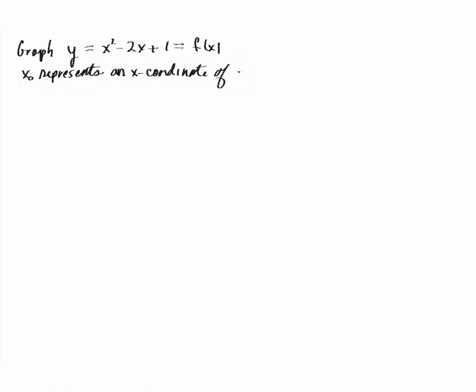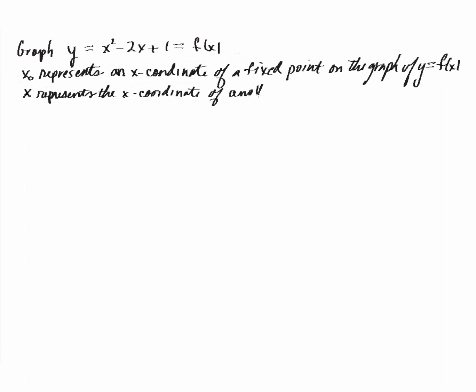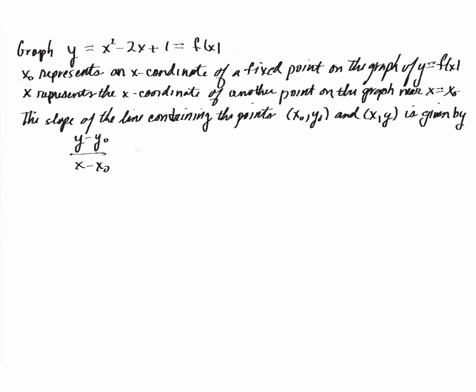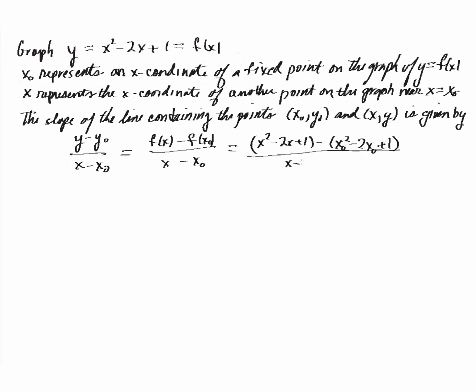We are going to use x sub 0 to represent the x-coordinate of a fixed point on the graph, and then x will represent the x-coordinate of a nearby point that we will be moving closer and closer to that fixed x sub 0. Now we can find the slope of the line that contains the point at x and the point at x sub 0. In order to find the y and the y0, we now have to plug into our formula for f of x.